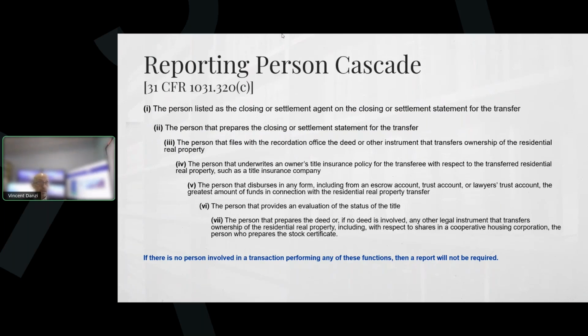So I think FinCEN recognizes that there are going to be transfers where no report has been made, and they're going to have to, after the fact, tell people, hey, we meant for you to be making this report, go ahead and make that report. The problem with that is it's kind of like fixing the barn door after the horses have escaped: by that time, you might not be in a position to get the information that you need to make the report.